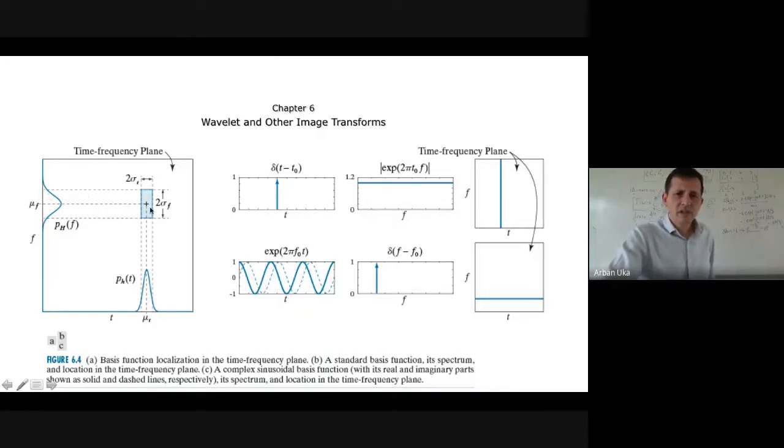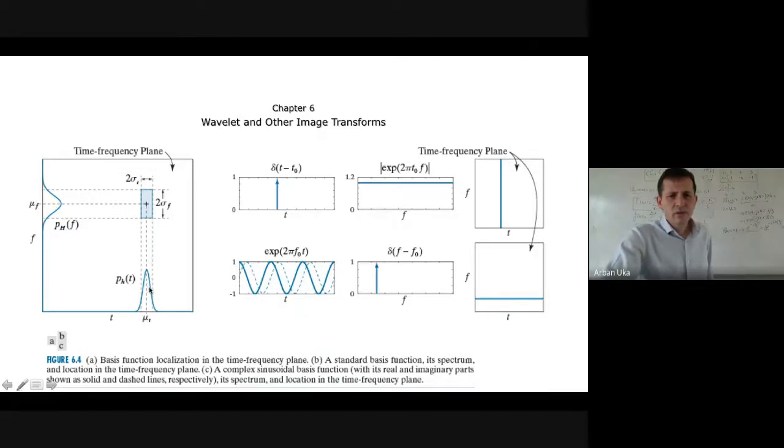The surface area in the spectrum, equal to the width in the time domain times the width in the frequency domain, is called the surface area in phase space.